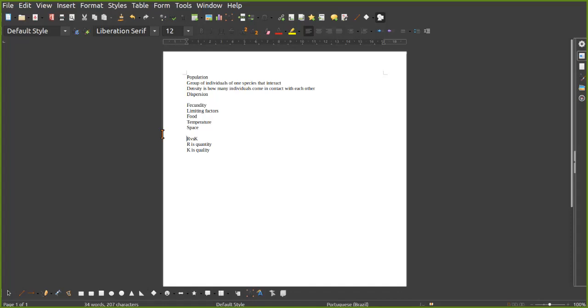The noodles and pasta are basically the same thing, but the noodles come in more quantity but less quality, and the pasta comes with more quality but less quantity. r is quantity and K is quality. That applies also to animals.